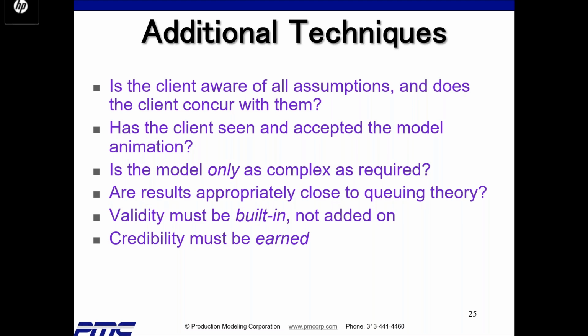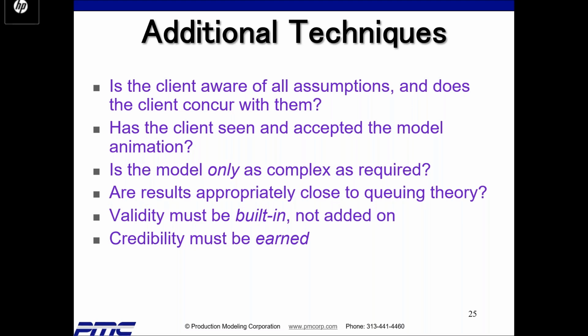The client should be shown the model animation, and with modern simulation software, the incremental effort to build a nice animation is usually no more than 5% of the effort to build the model. So it's well worth doing. So credibility has to be earned.